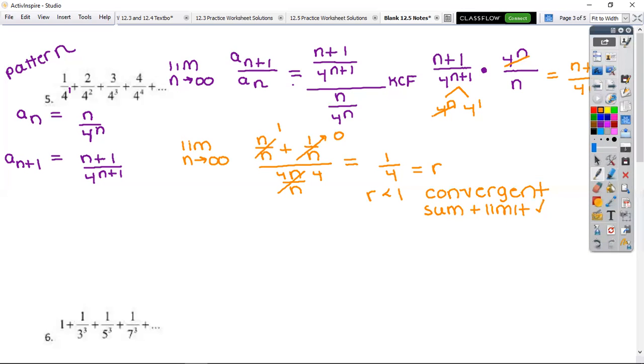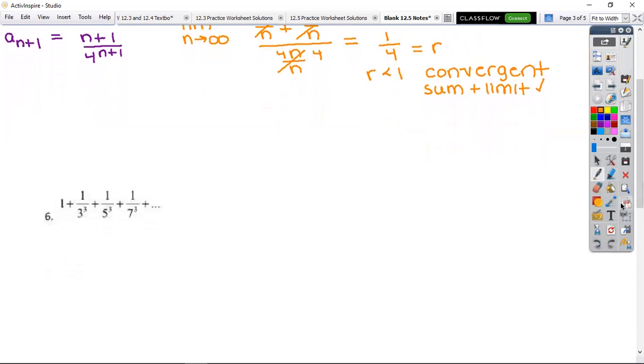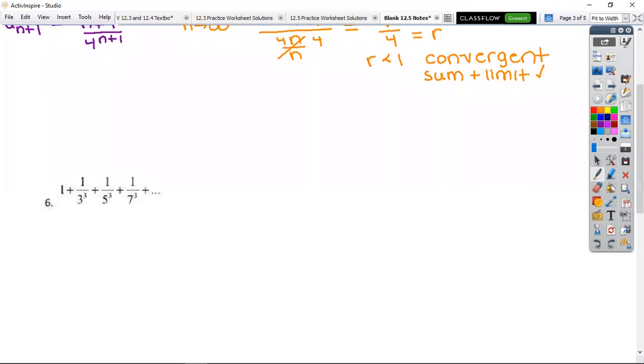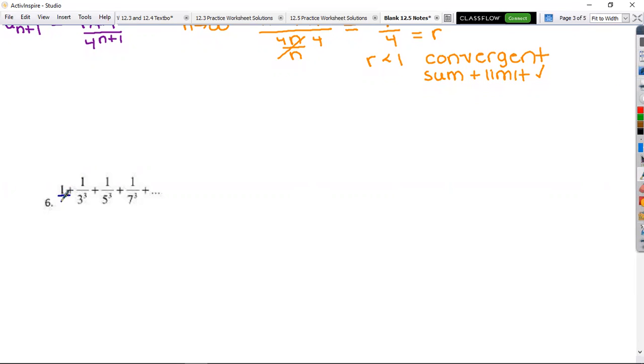So another ratio test. So again, we are looking for some particular pattern to these, and this one's a little bit tougher. So I'm going to write it just like these. So I'm going to go 1 cubed. So in your head, you're thinking, is there a pattern to this? The tops are all just ones.